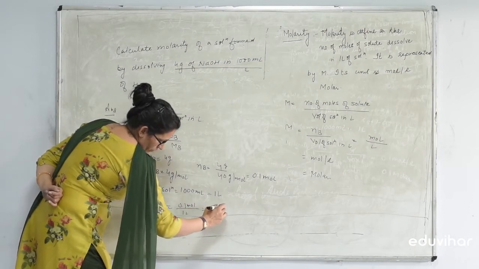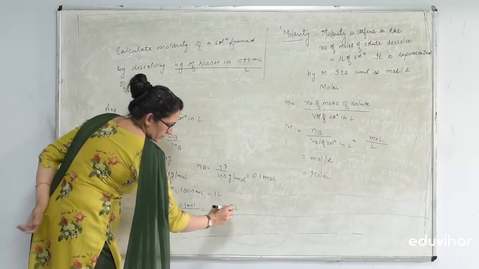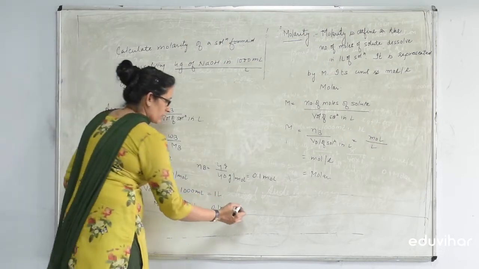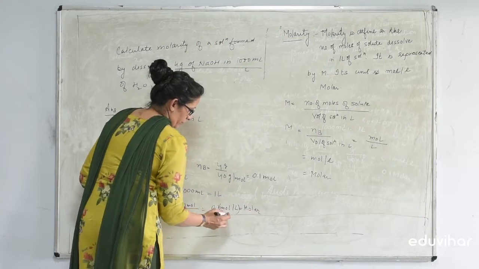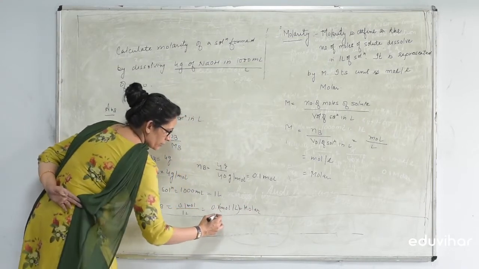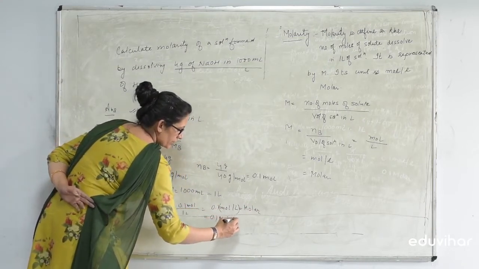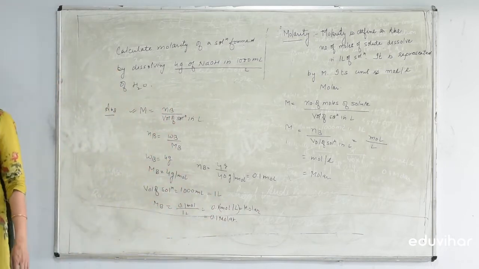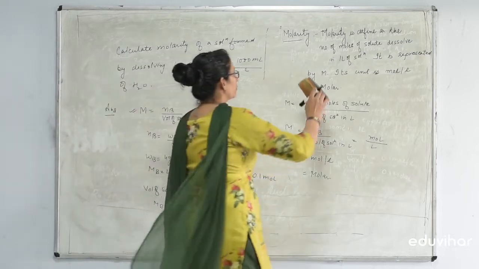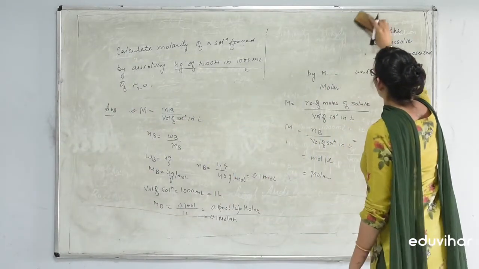It becomes 0.1 mole per liter, and this is also known as molar. So it becomes 0.1 molar. This is the method to calculate the concentration in terms of number of moles.